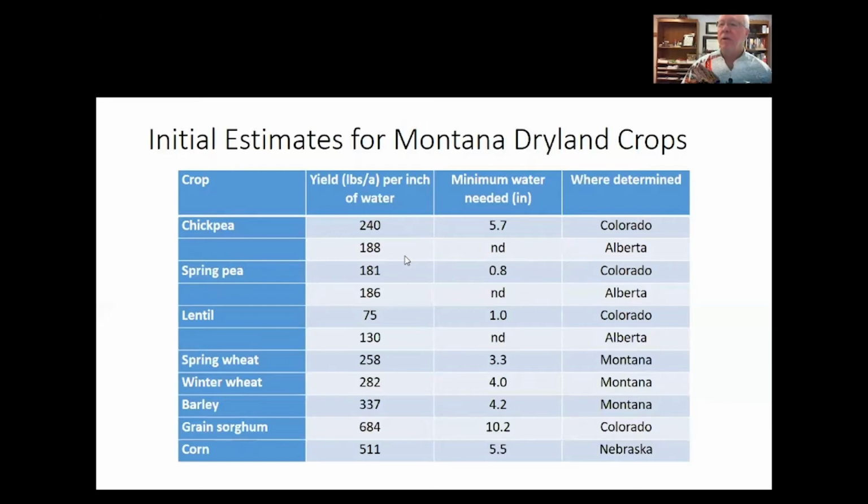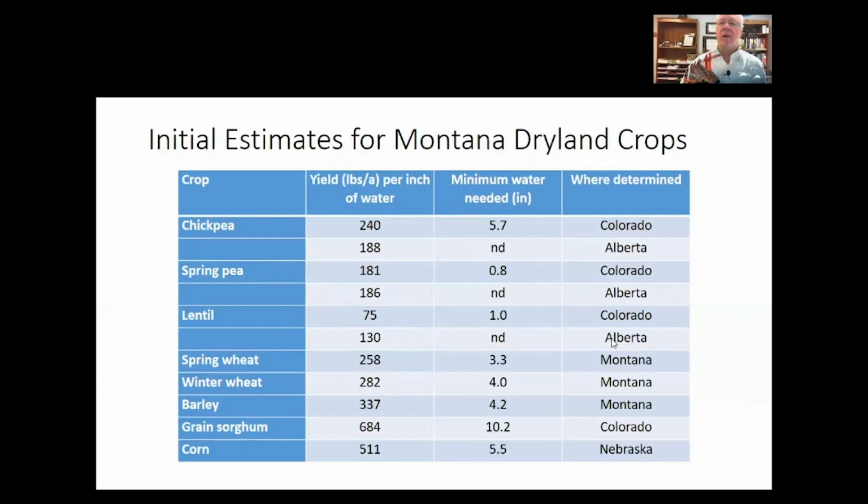So you maybe could average those to get an estimate of what we should be expecting for chickpeas in Montana. We haven't really measured that in Montana. That's kind of the purpose of the study, to try and get a measure of what we can expect. Spring peas are a little bit less, around 180. Lentils are anywhere from 75 to 130, depending on source.